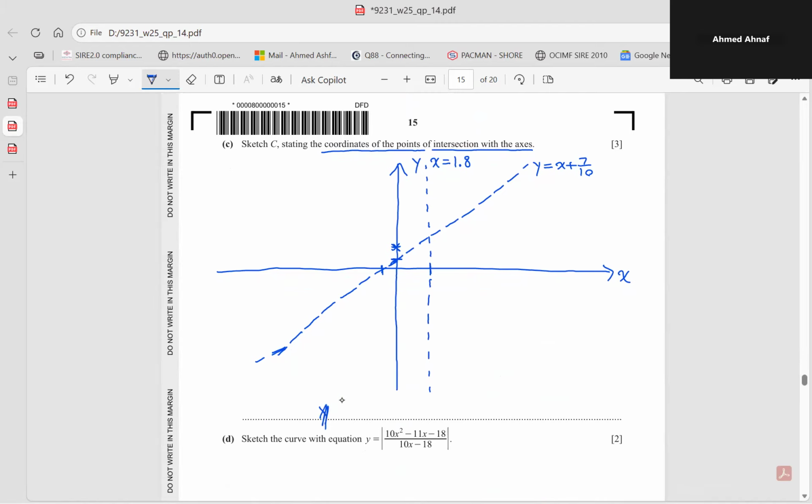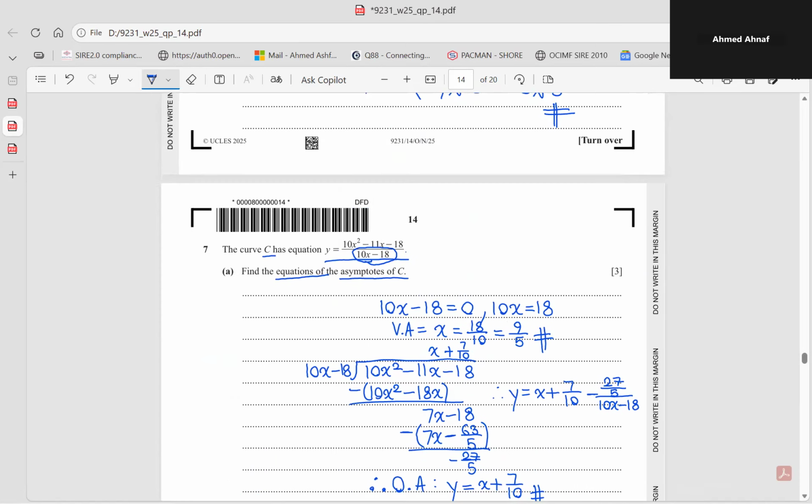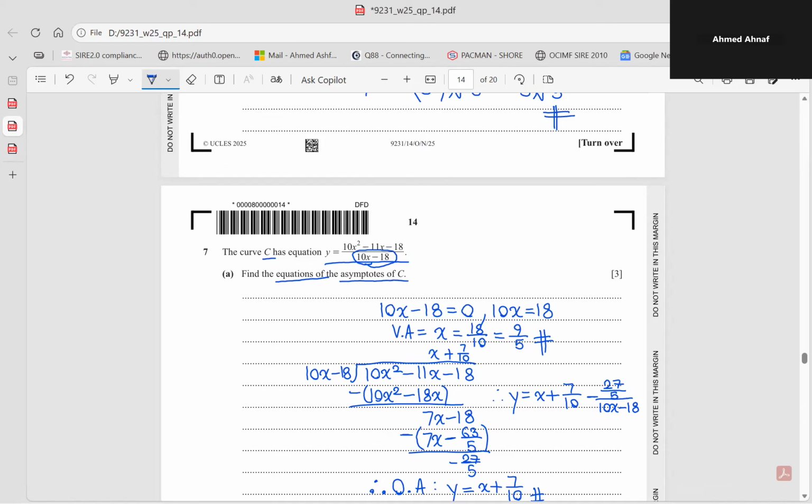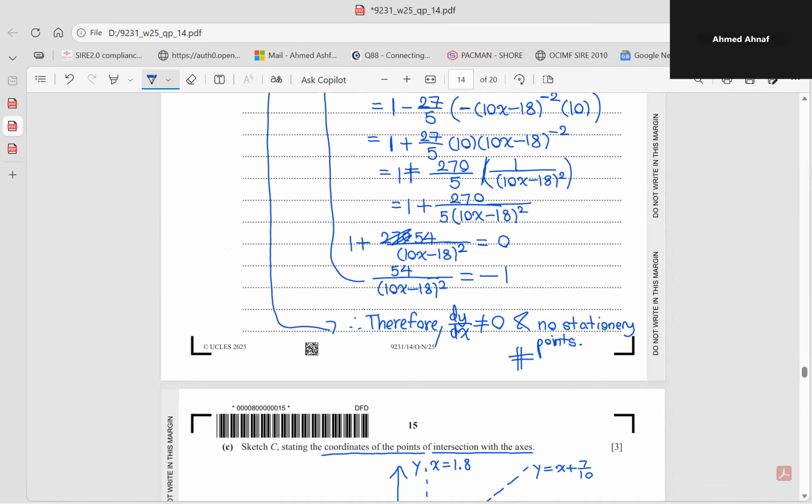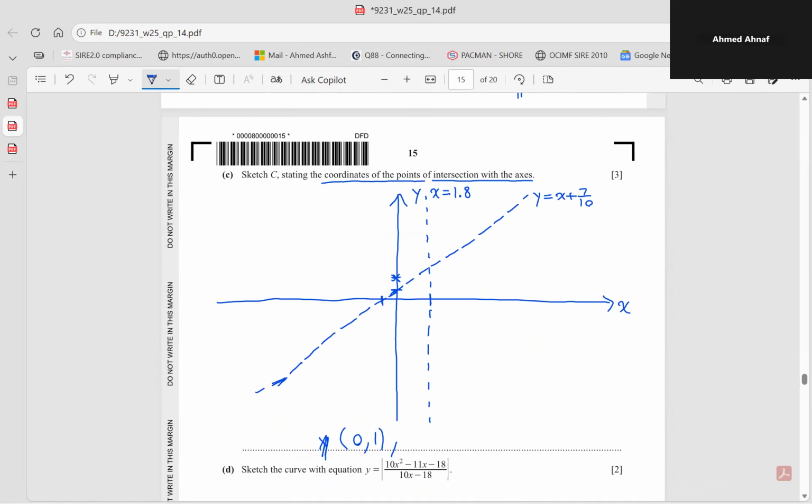So the y-intercept is going to be (0, 1). For the x-intercept, there have to be 2 or none at all. It's probably going to be 2. The x-intercept is when this equals 0. Okay, so it's 2, and 2 is right around here.